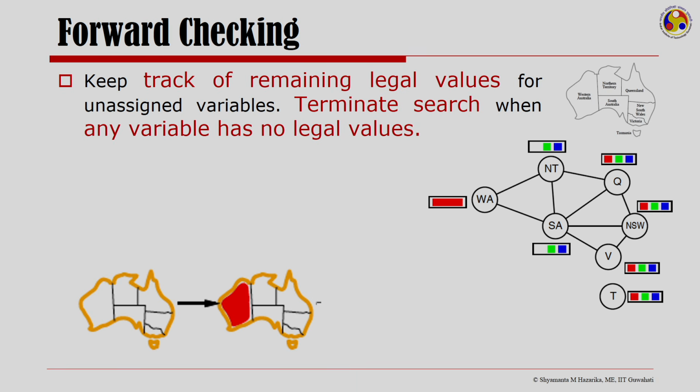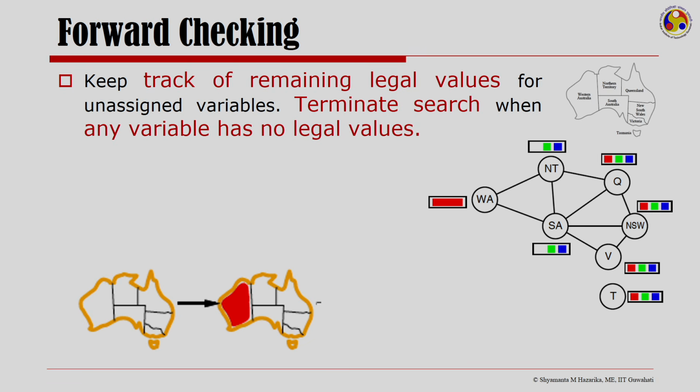Now, let us say that we have colored WA red. When WA is colored red, then for the variables NT and SA, the only legal colors left are green and blue.